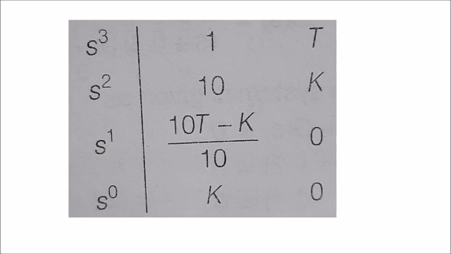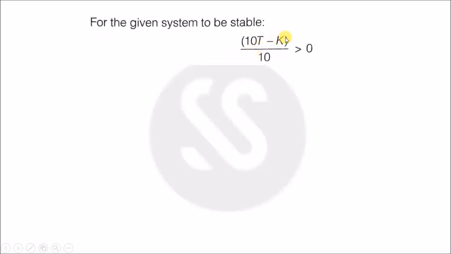So from this equation you can write k is greater than 0. Fine. Once k is greater than 0, then we can write (10t minus k) by 10 is also greater than 0, which leads to 10t minus k greater than 0, and k is less than 10t.